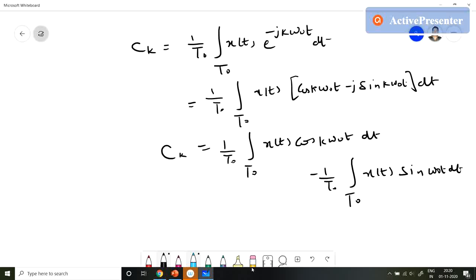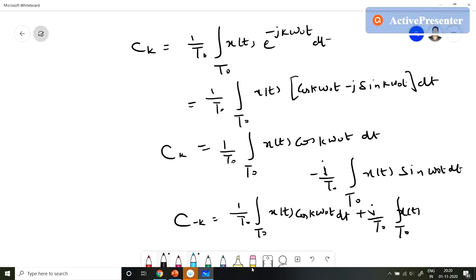So we have this relation. Now if we find c minus k, replacing k with minus k, we get 1 divided by t naught, integral of xt cos, which will be the same, but here we will get a plus sign.